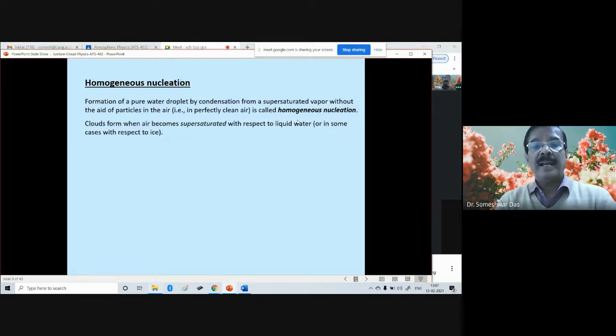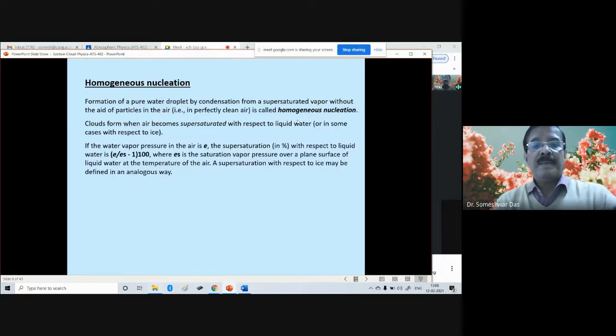When the air is supersaturated with respect to liquid water, then the droplets that form are water droplets, right? Whereas if it is supersaturated with respect to ice, then the cloud droplets are basically frozen particles, like in the very high clouds, right?